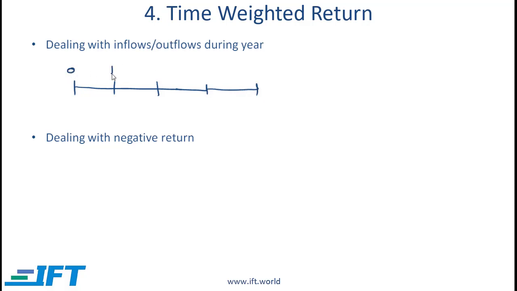So this is 1 year, and each point over here represents the end of a quarter. What we need to do is compute the return for every single period. So first quarter, the return, let's say, is 10%. In the second period, the return might be 5%.